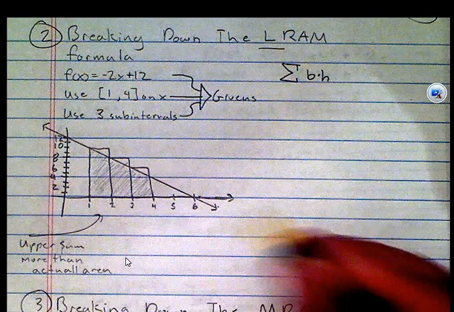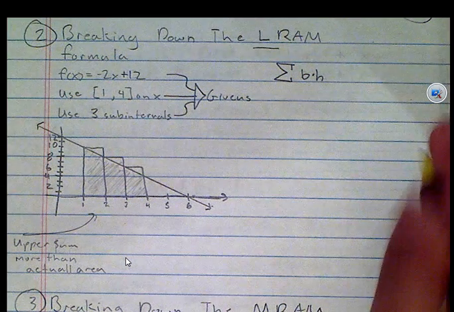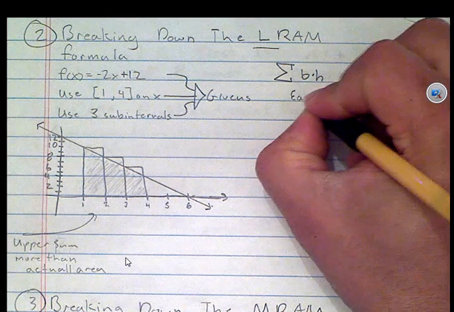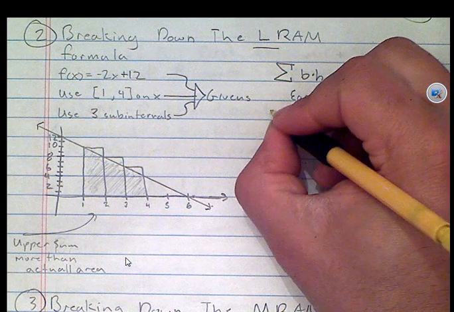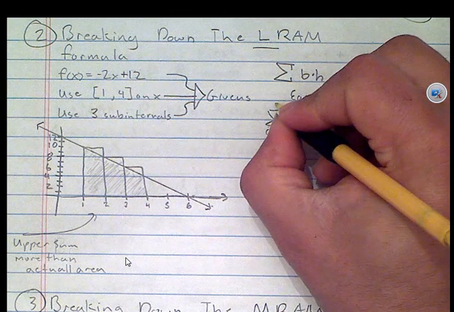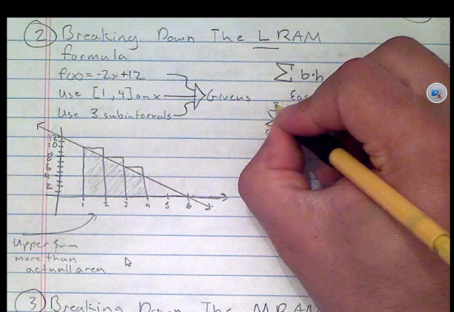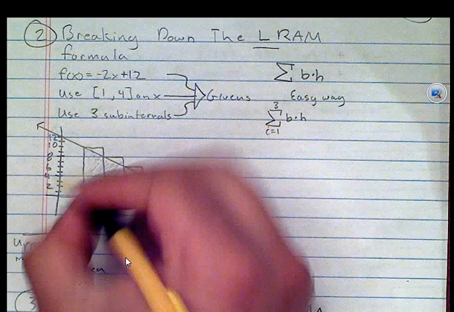Okay, so let's go ahead and do it the easy way. Remember, easy way, I'm adding 3 things. I know they're base times height. I simply find the points.